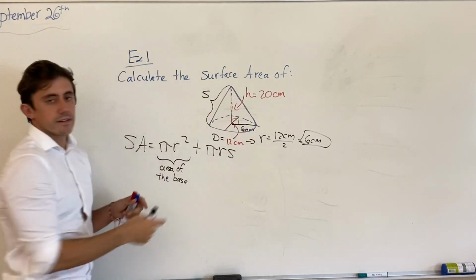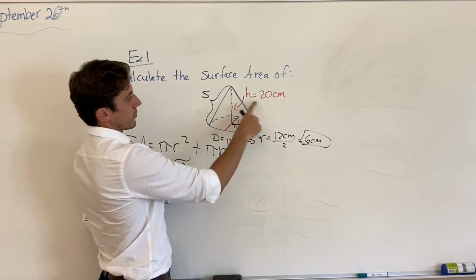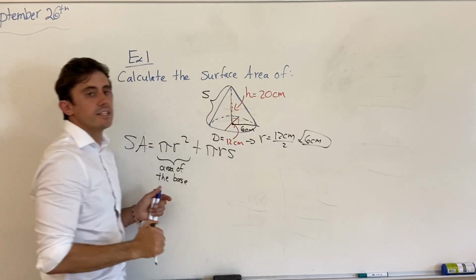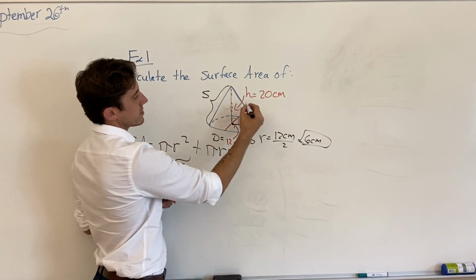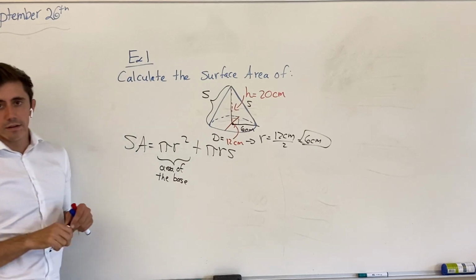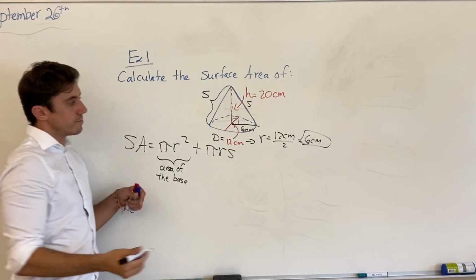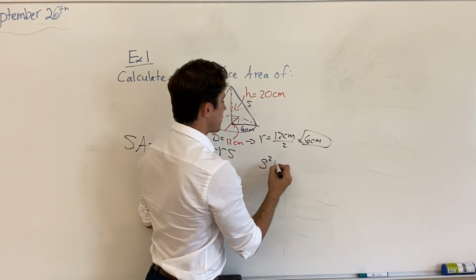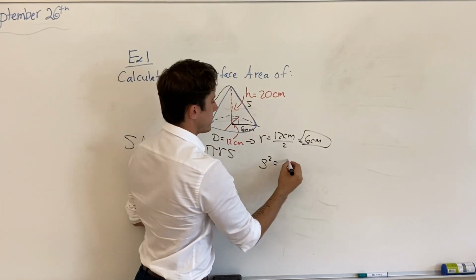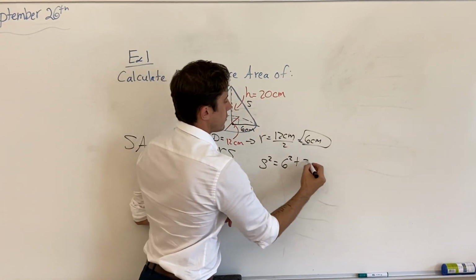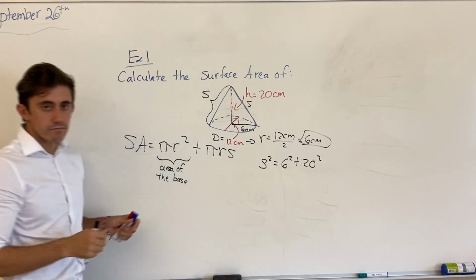The top side of the right angle triangle is going to be the vertical height, which we were given to be 20 centimeters. And now the slant height is obviously the same on both sides, and so we can call that s as well. And now we can use the Pythagorean theorem. So we have that s squared, since s is the hypotenuse, is equal to 6 squared plus 20 squared, right?